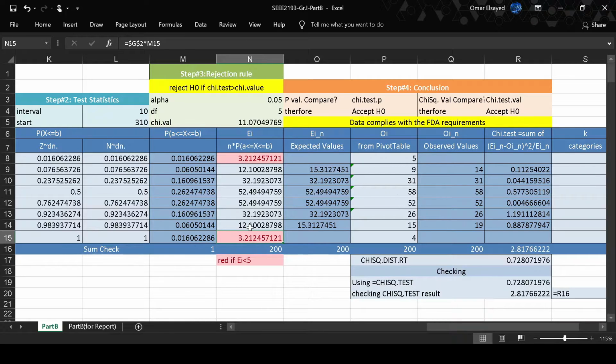Mathematically speaking, we should not have any expected value less than 5, so we combine categories as we can see here. So 15 is 12 and 3, same goes here.